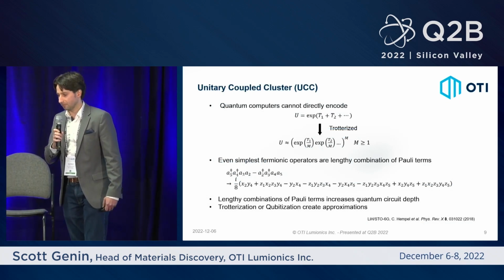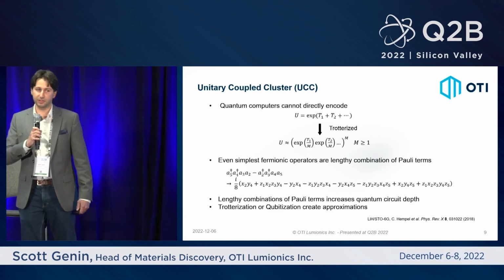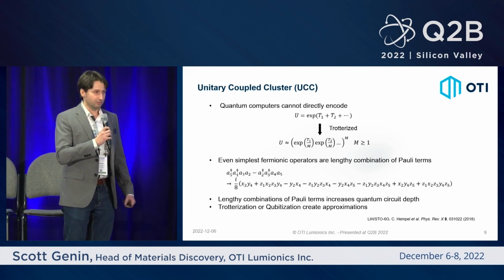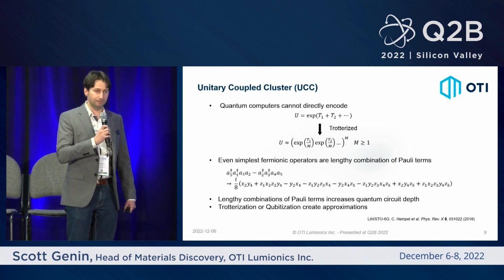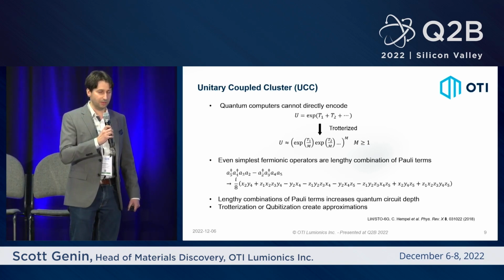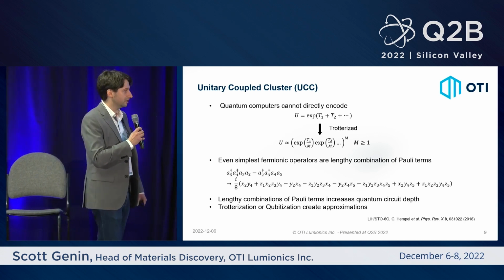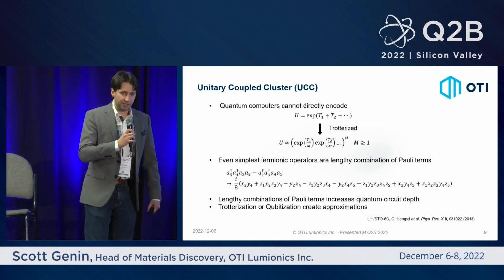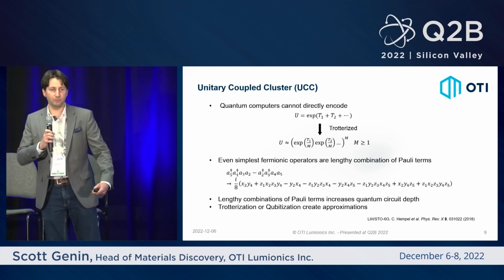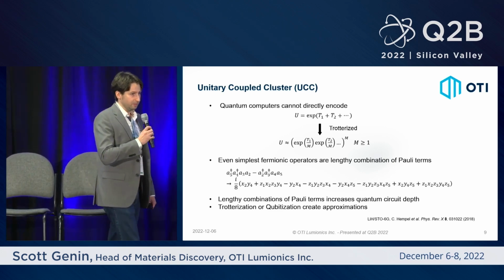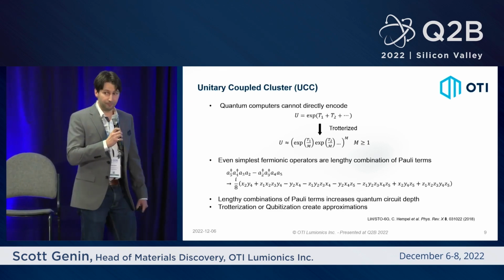Well, the first thing is that the unitary coupled cluster theory was originally invented for classical computers. It's a novel branch of quantum chemistry that came into existence around the 70s to 80s. And the idea was that because it has the name unitary in it, and quantum computers work generally on unitary operators, quantum computers must be able to do this calculation very well.